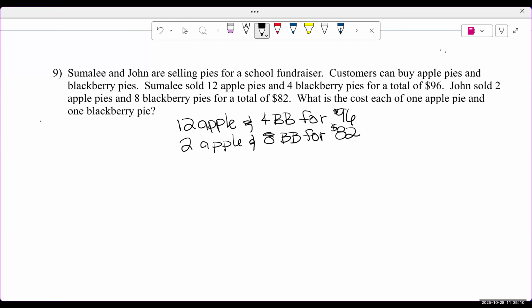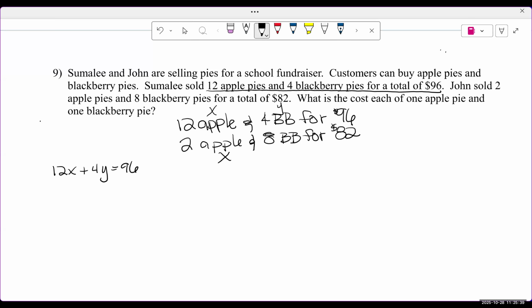Number 9. So we can see that we have 12 apple pies, 4 blackberry pies, gave us $96. Okay, so if the apple pies are X's, the blackberry pies are Y's, we have 12X plus 4Y equals 96.